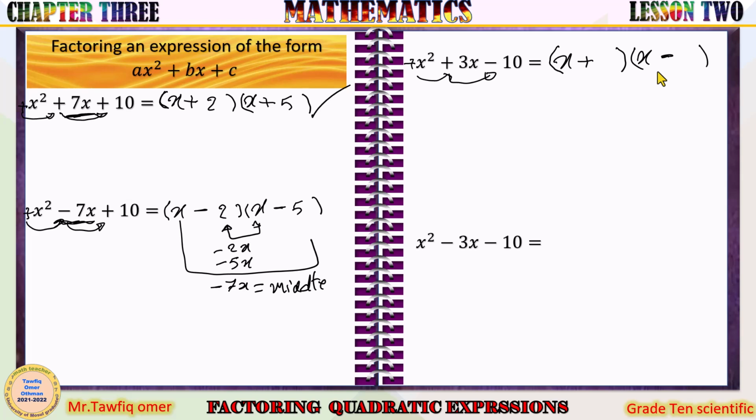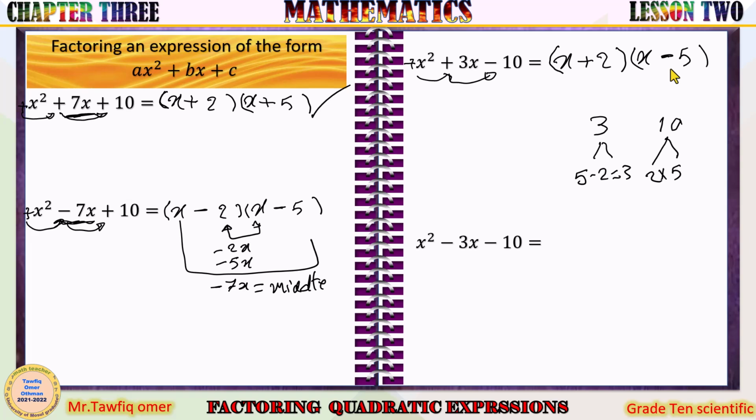One of them is the opposite of the other. So we must search for two numbers. Their product must be 10 and their difference must be 3. It's 2 and 5. 2 times 5 is 10 and 5 minus 2 is 3. And now write down one of them 2 and the other one 5.